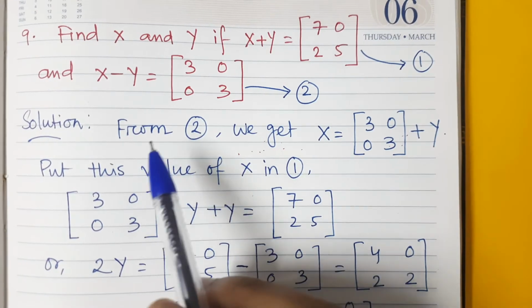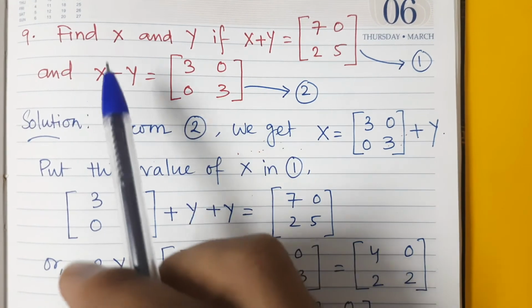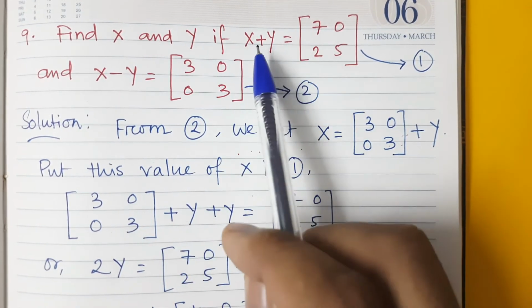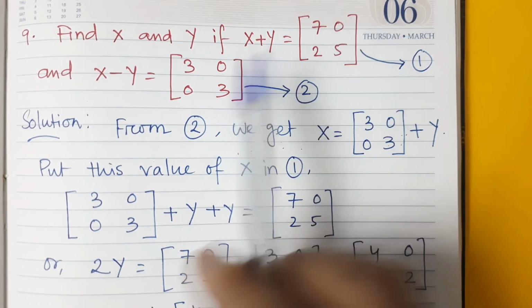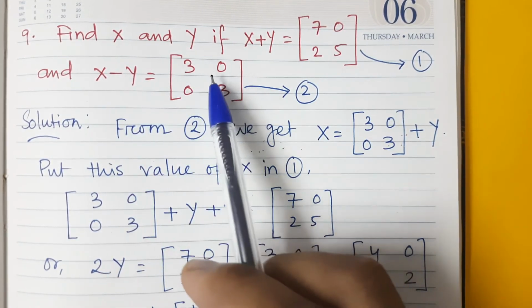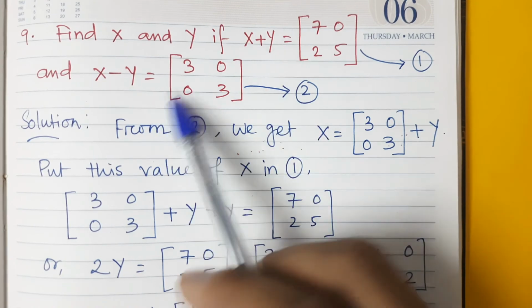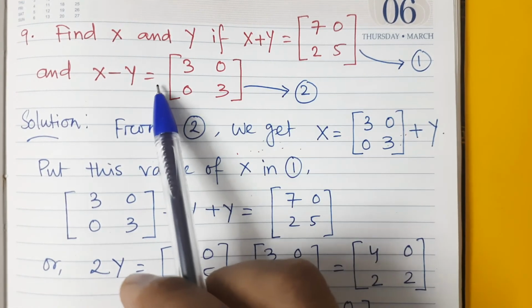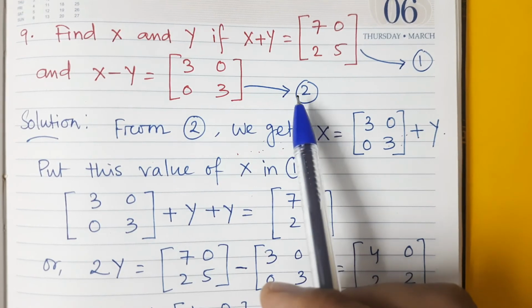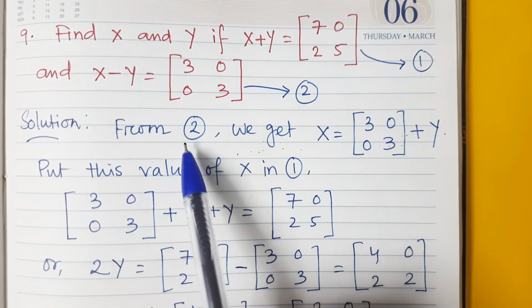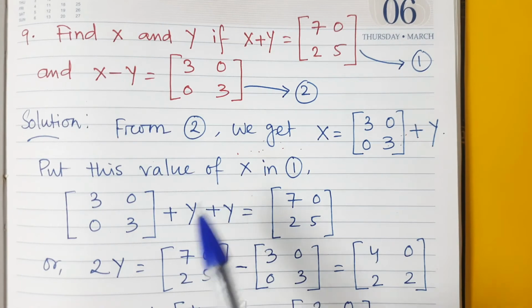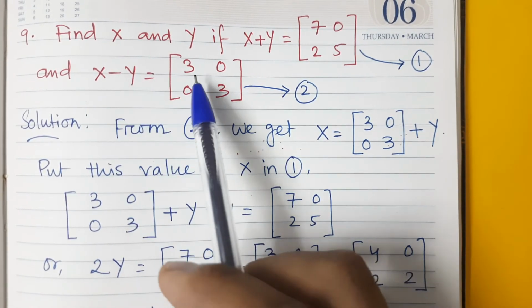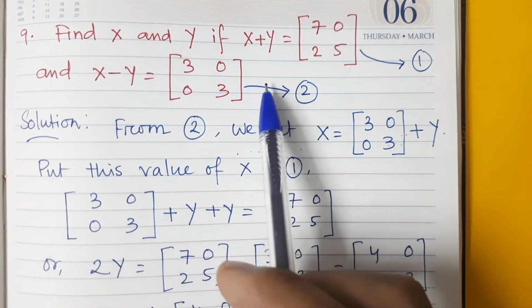Now this is problem number 9. You need to find two matrices x and y if x plus y is this matrix and x minus y is this matrix. So these two equations are given. I am calling this equation 1 and this equation 2. From 2, the second equation, we get that x equals this matrix plus y.